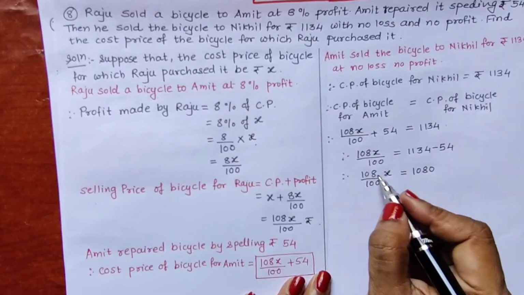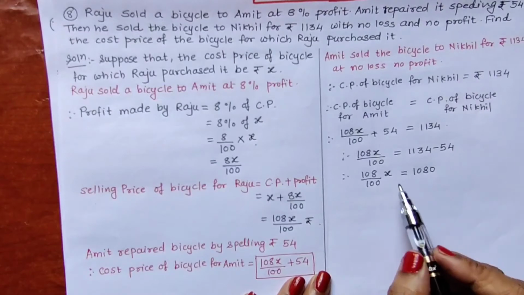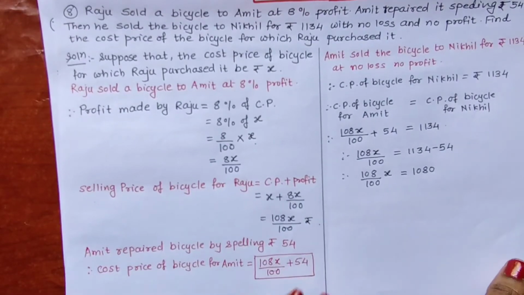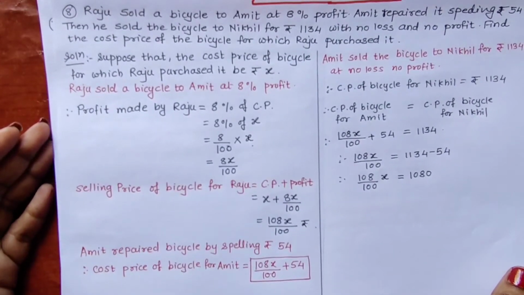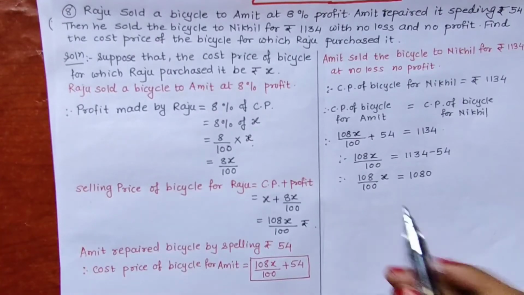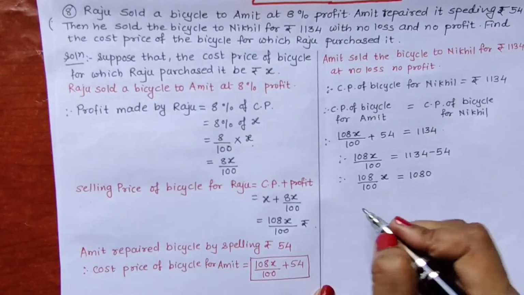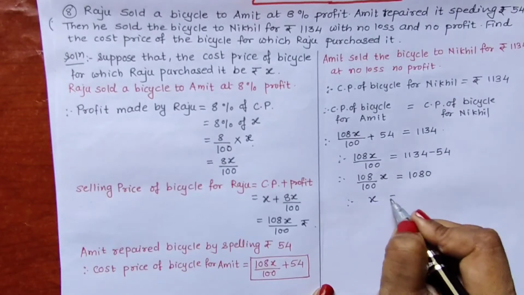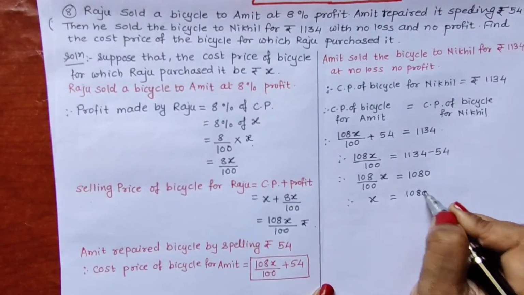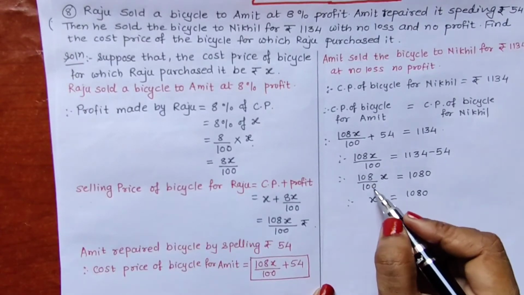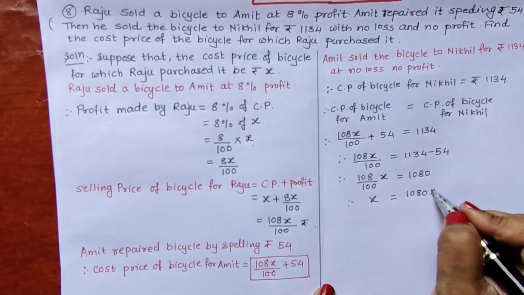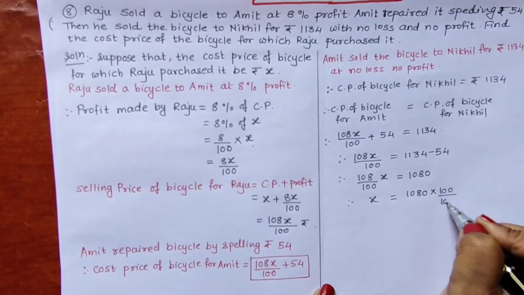Now we transfer this 108 upon 100. We all know the left hand side is only for the variables and the right hand side is only for the constants. So we have to transfer all the constants from left to right. Therefore x as it is, 1080 as it is. This 108 upon 100, when we transfer, becomes 100 upon 108.